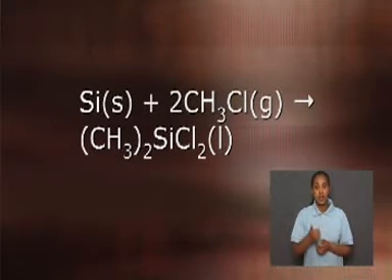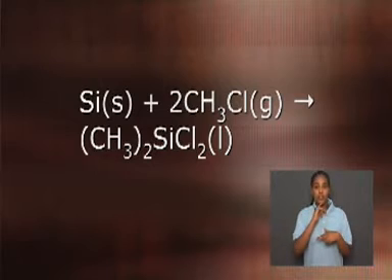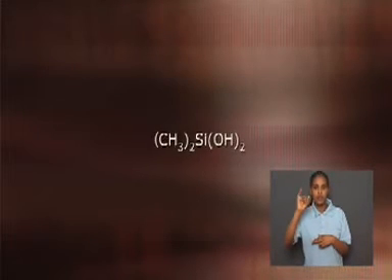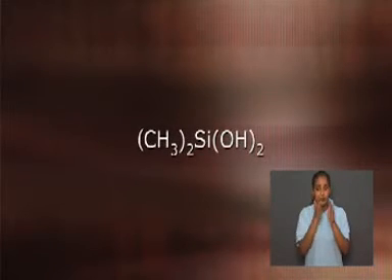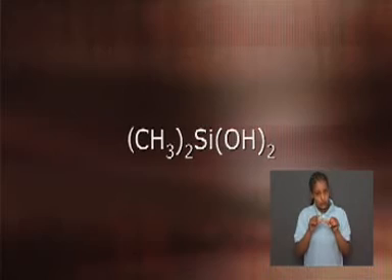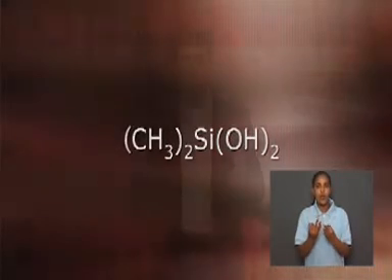The main product of this reaction is dimethyl dichlorosilane. When it reacts with water, it first produces this, and then the reaction continues on to form a polymer. Silicone polymers are non-toxic. They are also quite stable in heat, light, oxygen, and moisture.